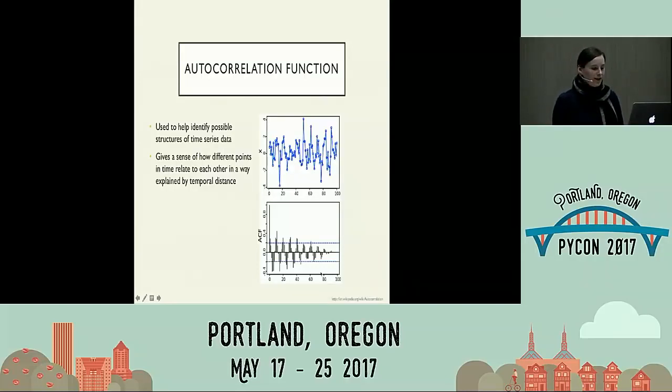Can you think of a problem, or at least a wrinkle, with the autocorrelation function? Let's say that I have weekly data. I just think about humans and they work in weeks.